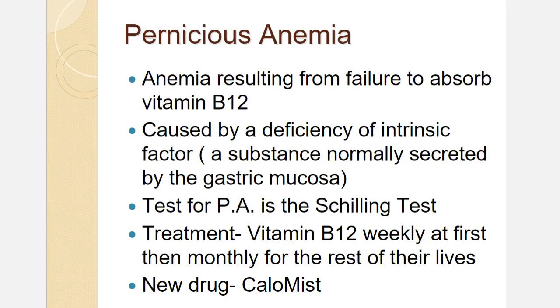If that tag shows up in the urine, then they have the intrinsic factor necessary to absorb B12. And that's an enzyme that's released by the gastric mucosa, in which the vitamin B12 is taken in. If the tag shows up in the stool, then they are lacking the intrinsic factor necessary to absorb vitamin B12, and then they're diagnosed as having pernicious anemia.